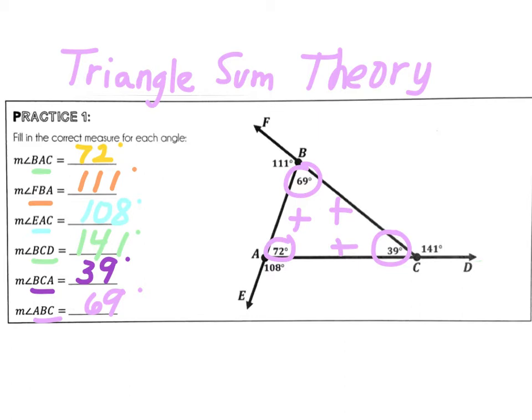So let me show you this. If I add 69, 72, and 39 all together, that's 18, 19, that's 20. And there's 10 and 8, so that's 180 degrees. So inside every triangle, if we add all 3 angle measures together, we're going to get that number 180.